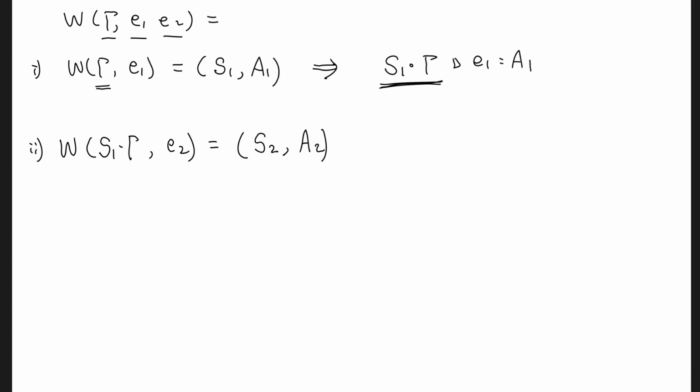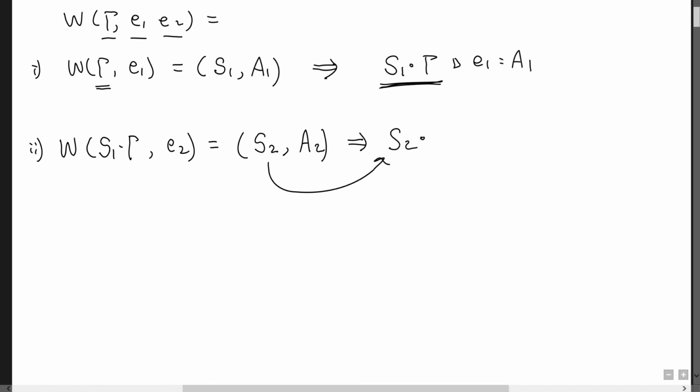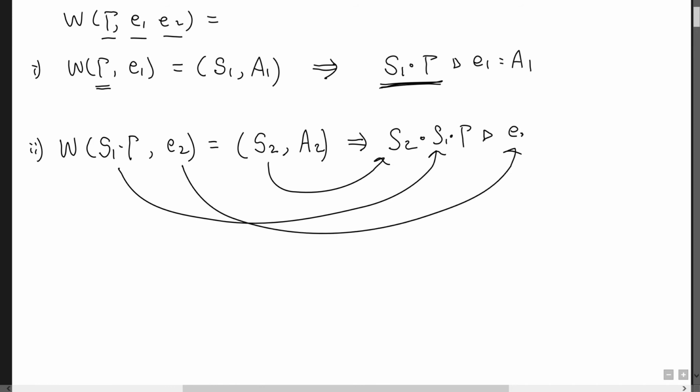Again, according to the soundness property of algorithm W, we can interpret the result as under typing context S2 applied to S1 gamma, expression E2 has a type A2.